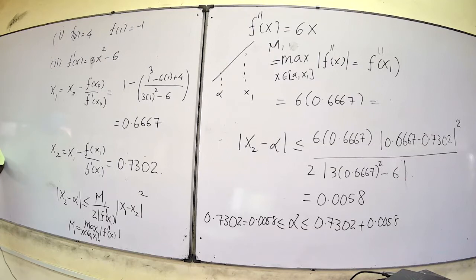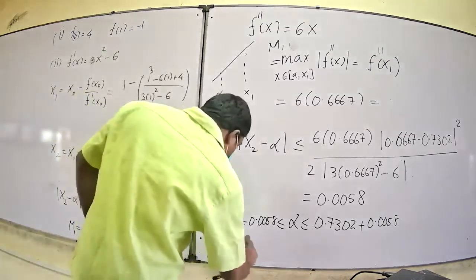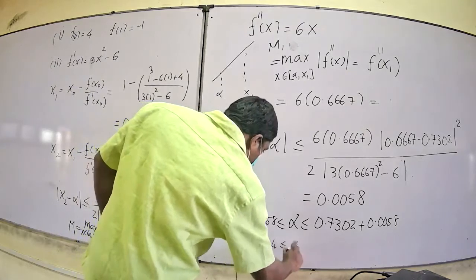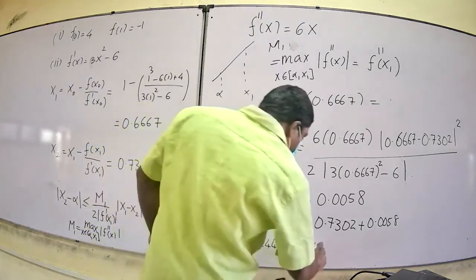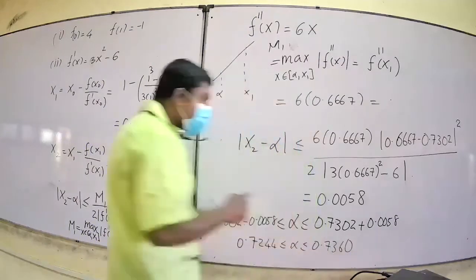Right? So between 0.7302 minus 0.0058, so it's basically 0.7244, and then the other one is 0.736 something, right? So just check this. 0.7244 less or equal to alpha, less or equal to 0.7360.